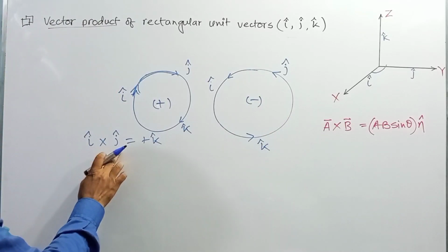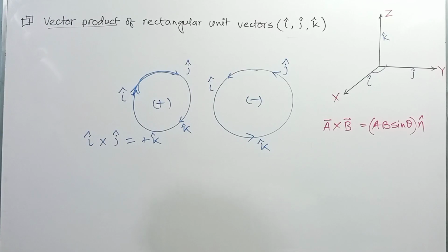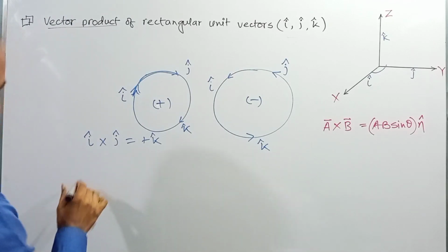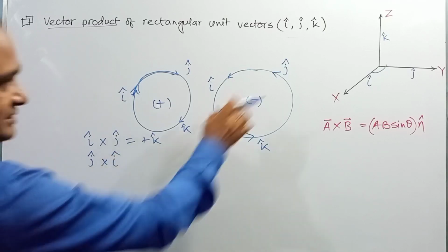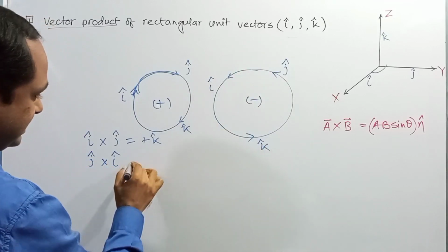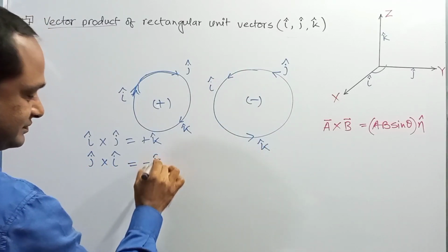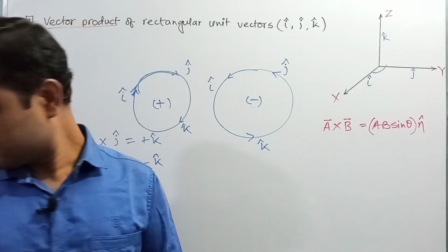So i cross j is equal to k, but when the rotation takes place in the anti-clockwise direction, that is j cross i, j to i, anti-clockwise rotation, then you will get minus k, right? So similarly you can get the other expressions.